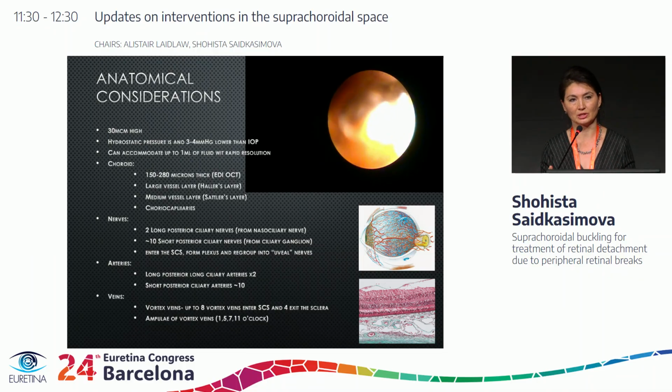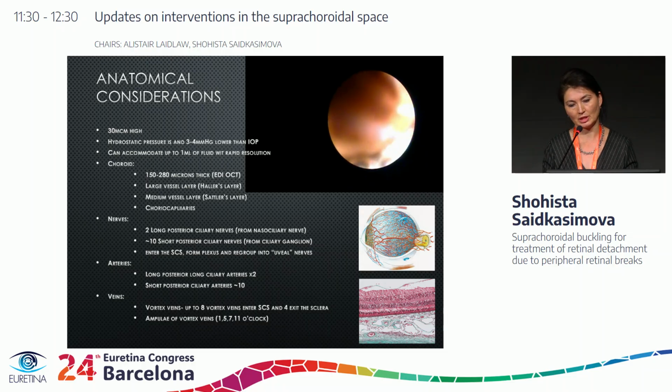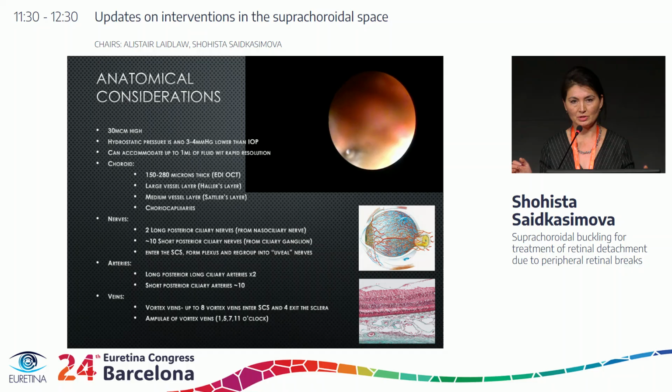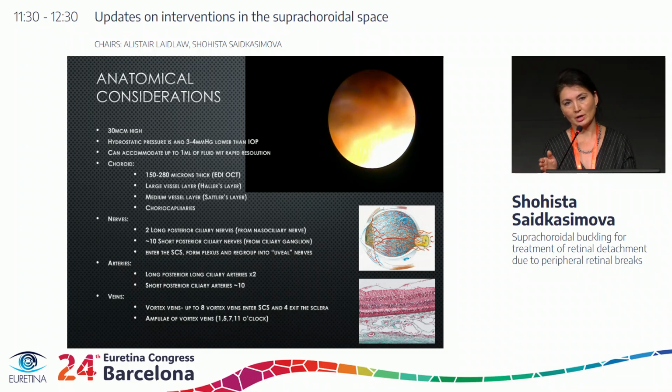These are the most common conditions. However, there are anatomic variations, and one may have up to 8 to 12 vortex vein exits. So with the intervention of the space, avoiding the horizontal meridian and when traveling posteriorly, being aware of the vortex vein is probably one of the major ways of preventing hemorrhagic complications.